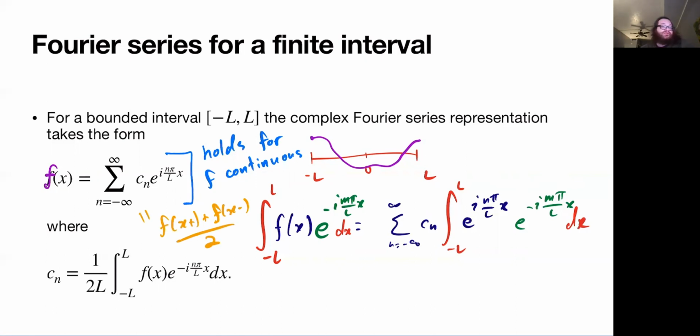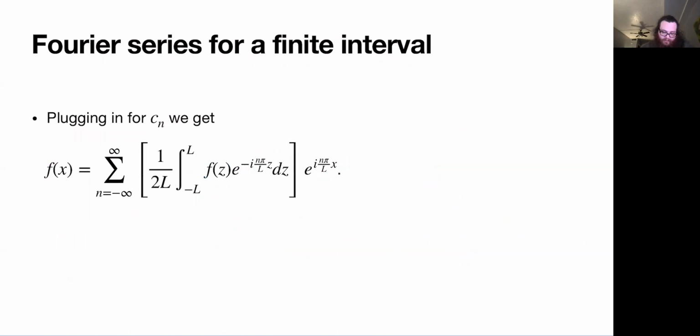And so, of course, when the function is continuous, the average of the left and the right limits is just the value of the function itself. When it's discontinuous, you may not get the value of the function. So that's something that we're sweeping under the rug, and in practice it won't really be an issue. When it is an issue, we'll explicitly mention it and be careful of that. But anyways, the running assumption for all of this will be that the function f that we're taking this Fourier transform of is going to be continuous. Okay. Cool.